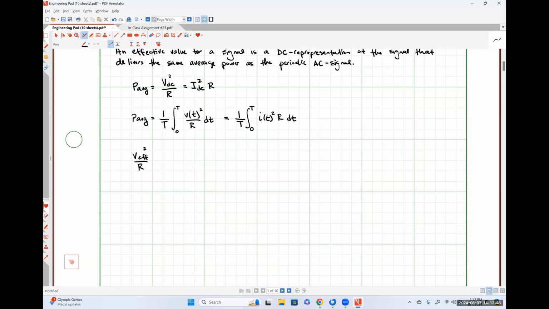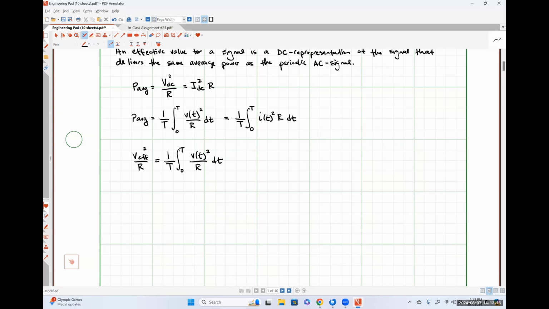So the effective voltage squared divided by the resistance, which is just average power in a DC circuit, is going to be equal to 1 over T times the integral from 0 to T of our periodic voltage waveform squared divided by the resistor value with respect to time.